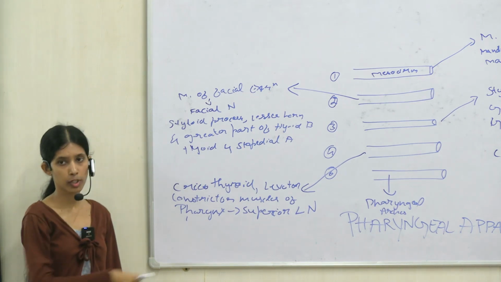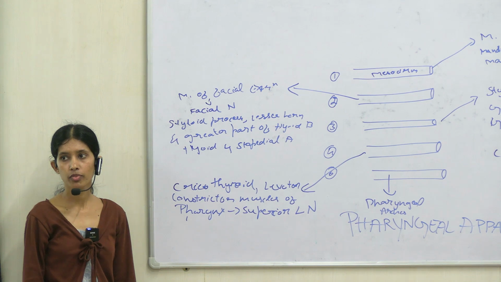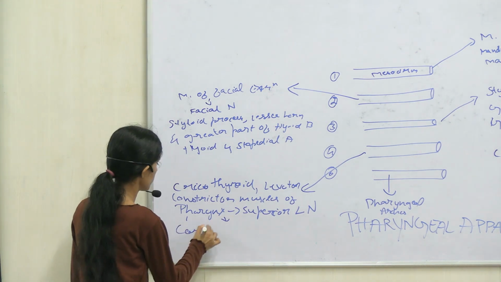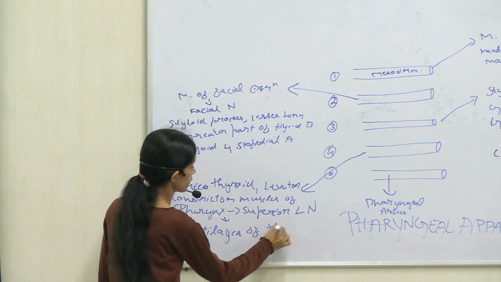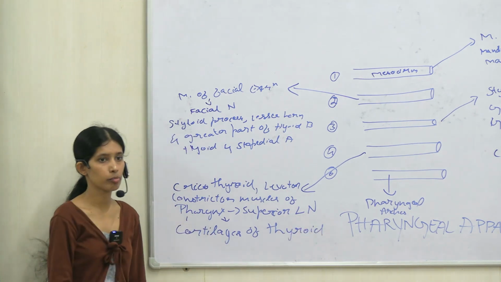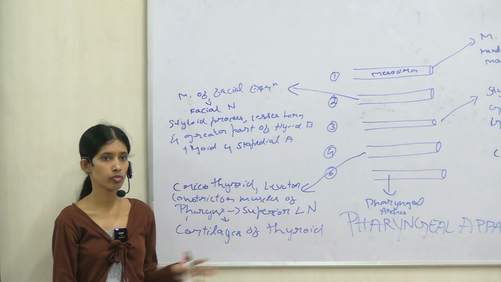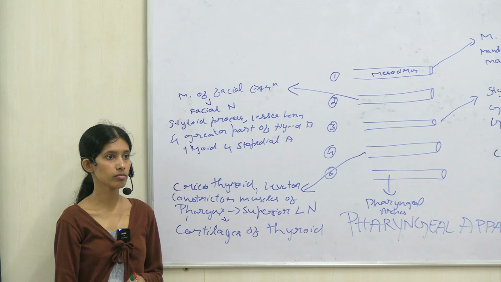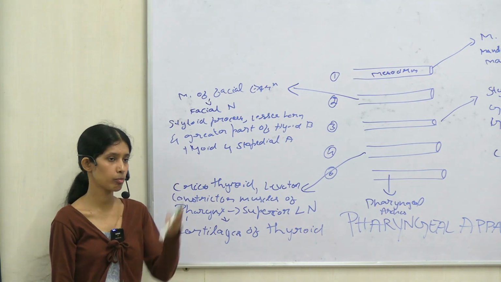What about the bony structures derived from the fourth pharyngeal arch? It is the cartilages of the thyroid. So what is the blood supply here? What is the derivative of your fourth pharyngeal arch? Anybody from the table?